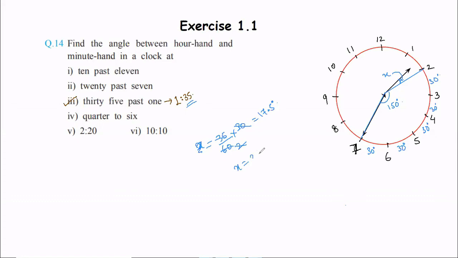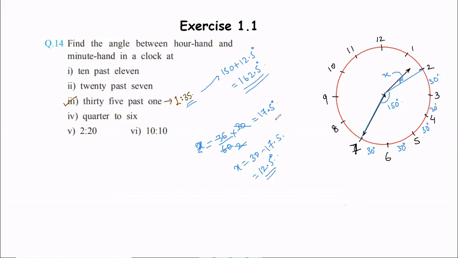So 30 minus 17.5 should give you 12.5 degrees. So in this case, 150 plus 12.5 degrees will be 162.5 degrees. That's the answer. 162.5 degrees is the answer.